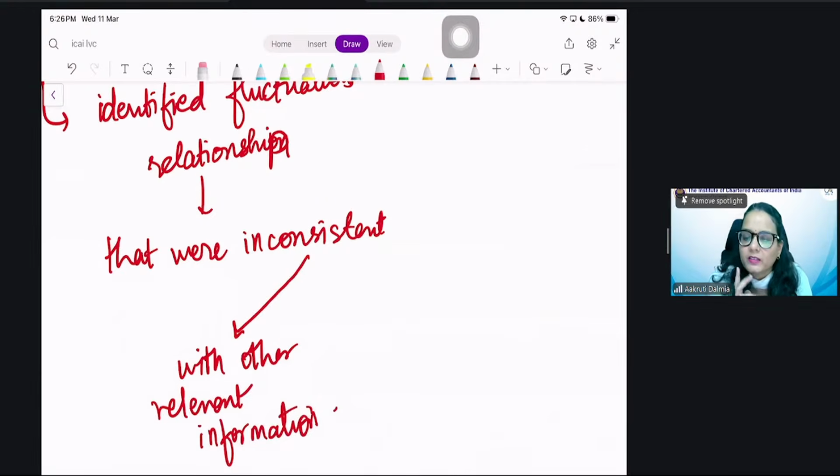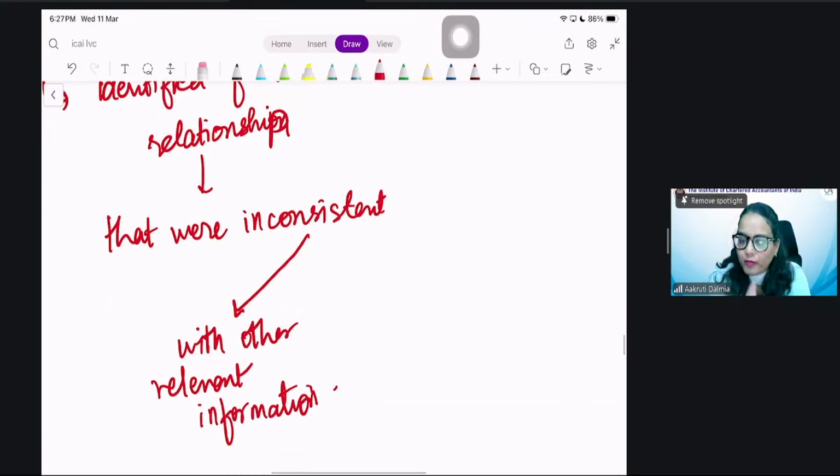In the rent case, it was inconsistent with other relevant information, meaning the rent that was paid by the competitors. Let's say that you are not able to find the rent paid by the competitors. You don't get that data. Is it possible that we don't get to know what our neighbour is paying? Is it possible that we are not able to get that figure? Okay. So we were not able to find relevant information to compare the rent with.